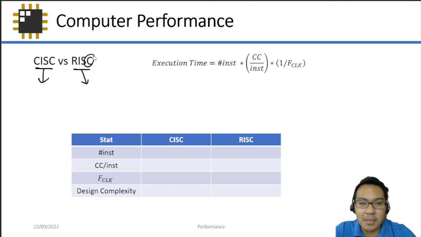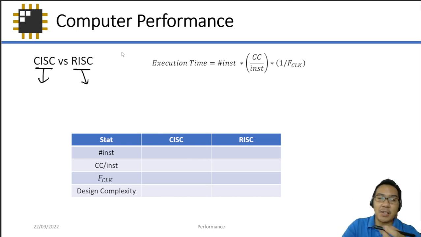Now, reduced instruction set computers, on the other hand, have fewer instructions, but because of that, they're easier to design, and you can bring up the clock speed even higher because of the lower circuit complexity.